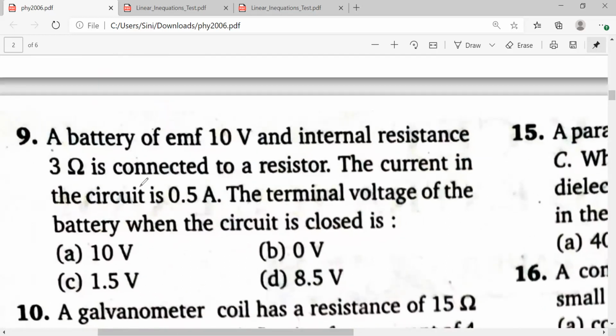Ninth question. A battery of EMF 10 volt and internal resistance 3 ohm is connected to a resistor. The current in the circuit is 0.5 amps. The terminal voltage of the battery when the circuit is closed is how much? This is the easiest question in the world.